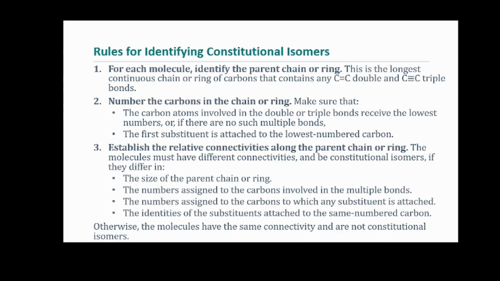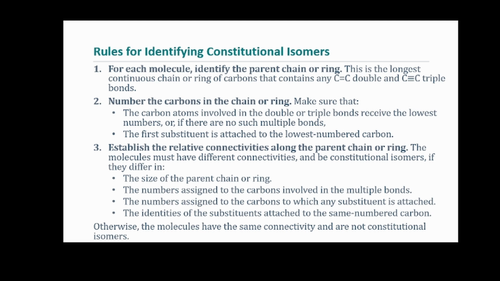So the rules for identifying constitutional isomers. For each molecule, identify the parent chain or ring. This is, again, the longest continuous chain or ring of carbons that contains any C-C double or triple bonds. You will note that this is very, very similar to IUPAC naming, isn't it? In fact, this is why you do IUPAC naming the way you do.